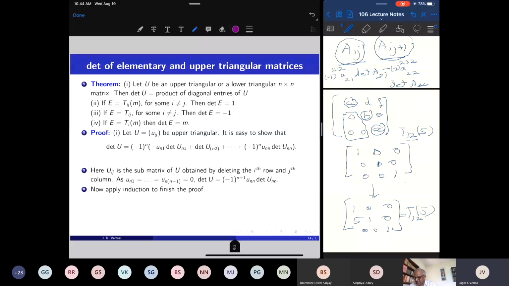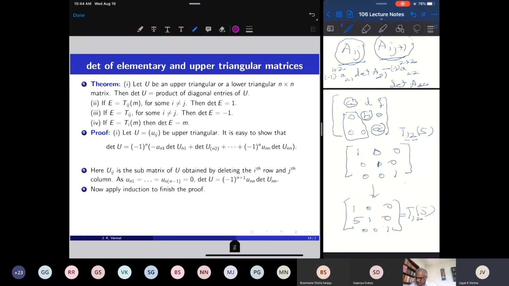Or we can apply the same principle to lower triangular matrices. Then we will expand by the first row. We want to prove the same result for lower triangular matrices, that determinant of a lower triangular matrix is the product of diagonal entries. You expand by the first row and use induction, and you will come out with the same fact.